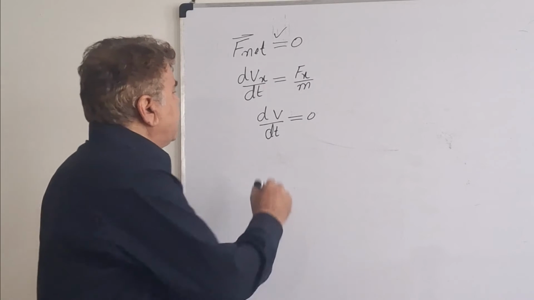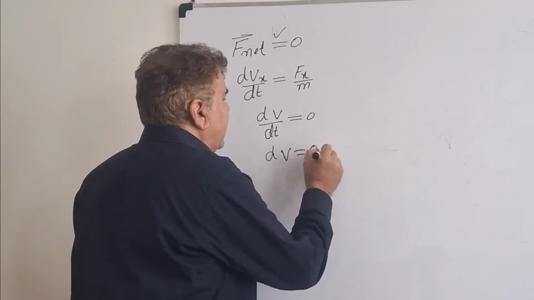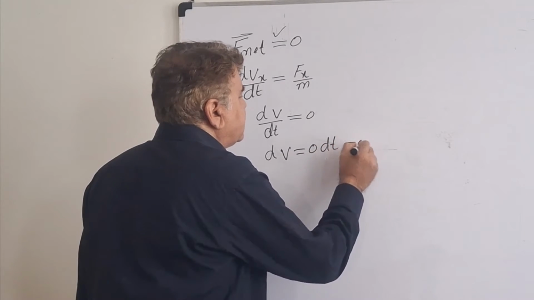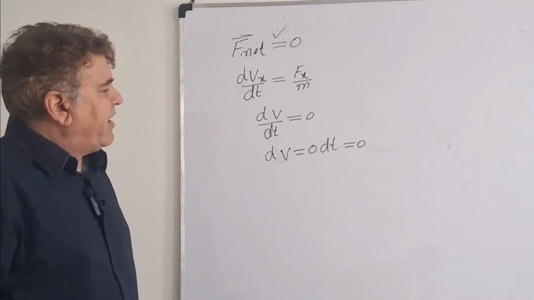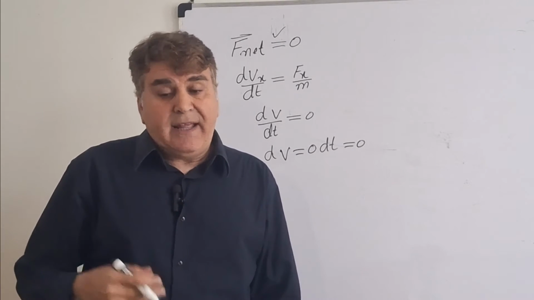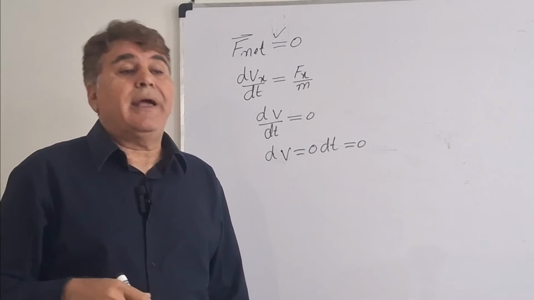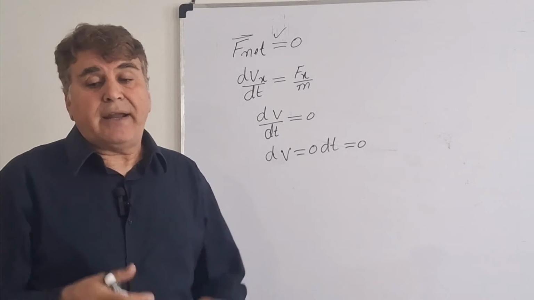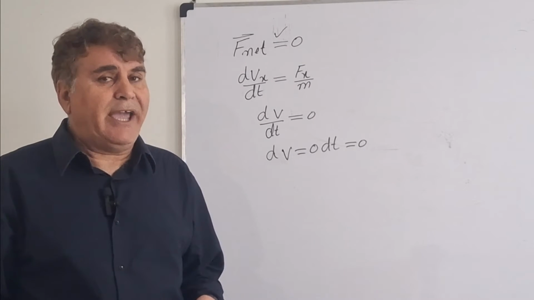Now, I can straight away write this equation in the form dv equals 0 times dt equals 0. This is the most simplified differential equation that I can integrate, provided I know the initial and final velocity, or the boundary condition of the differential equation.